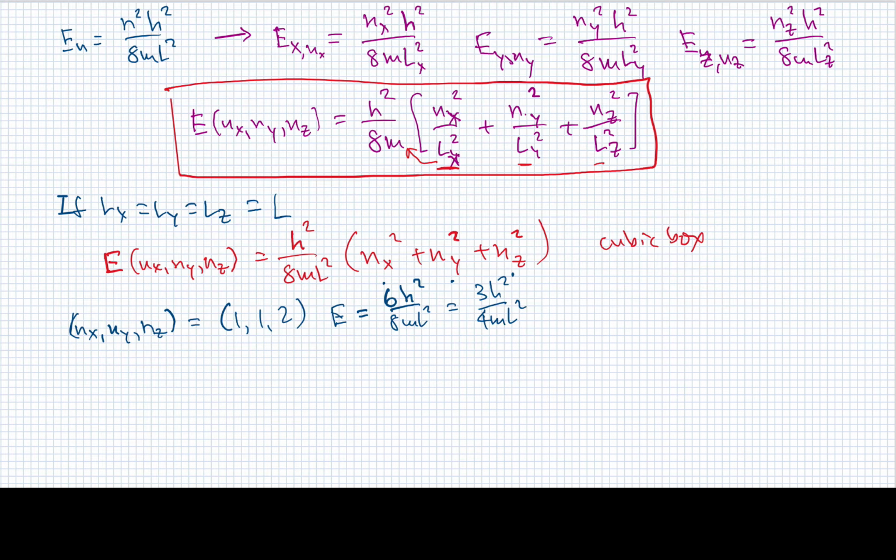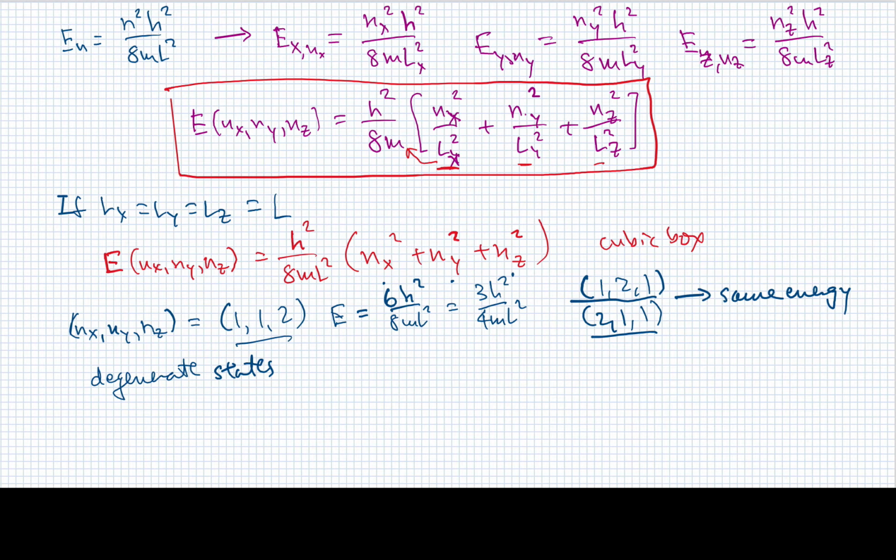But notice that if I had instead the state 1, 2, 1 or 2, 1, 1, I would get the same energy. What this is telling us is that these three states that I've indicated, 1, 1, 2, 1, 2, 1, and 2, 1, 1, are degenerate states.